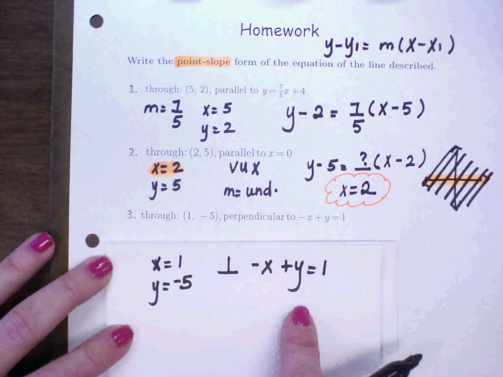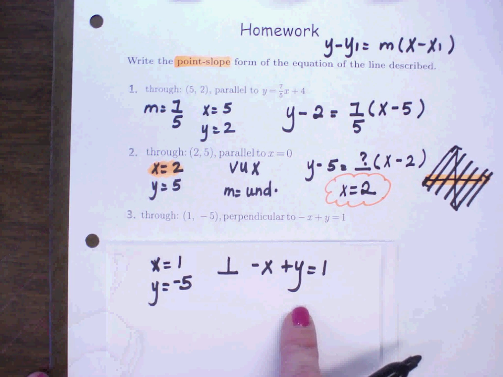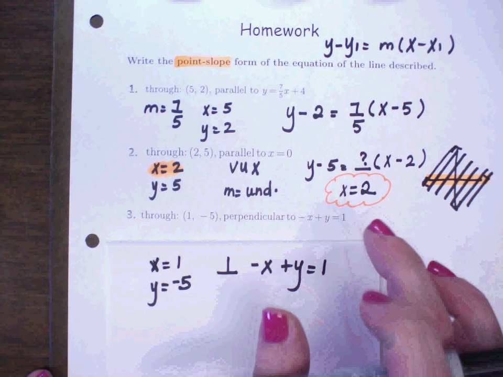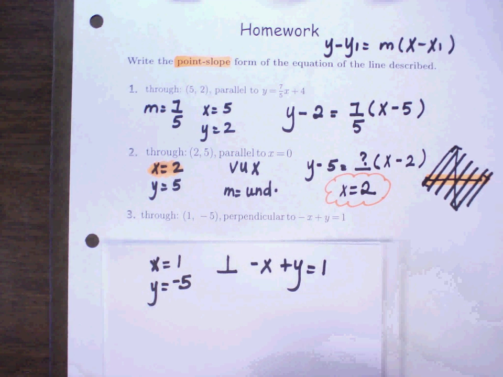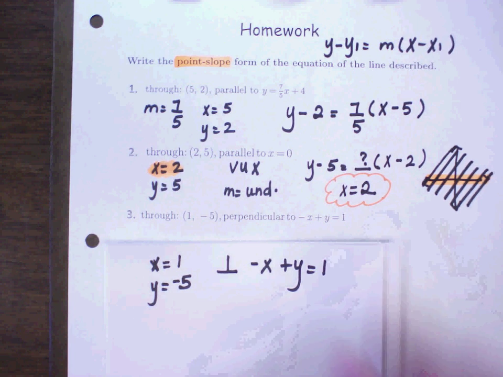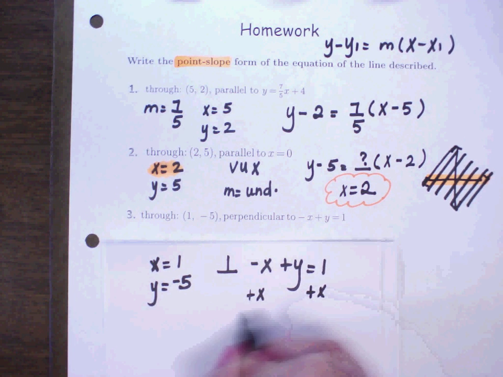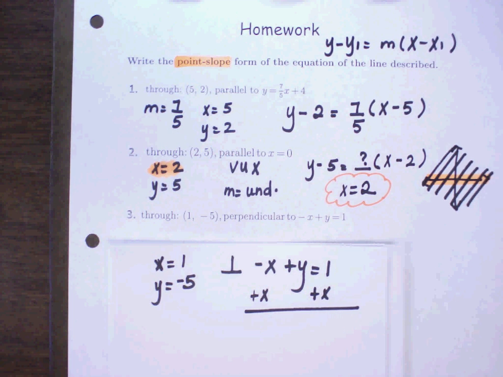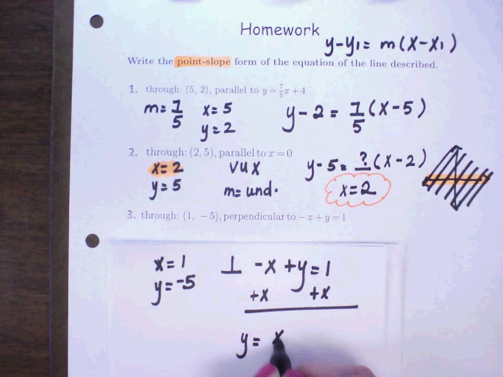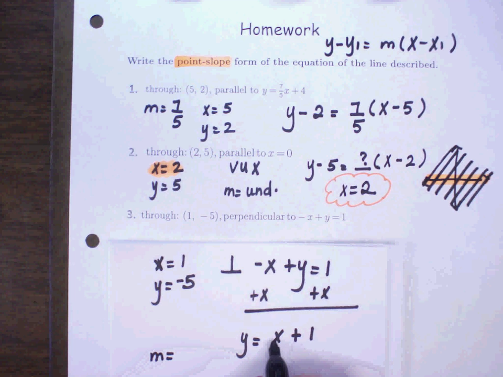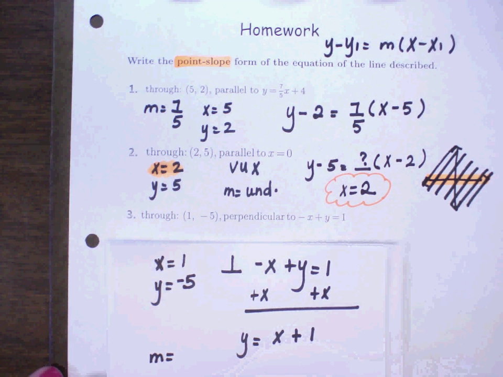Solve for y. Thank you. That's why if you didn't solve for y on 3 and 5, you didn't get all your points, because you needed to solve for y on 3 and 5. So y equals x plus 1. So what's my slope? Thank you, 1. My slope is 1.